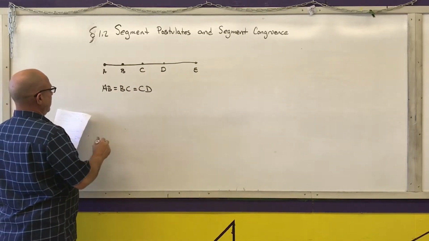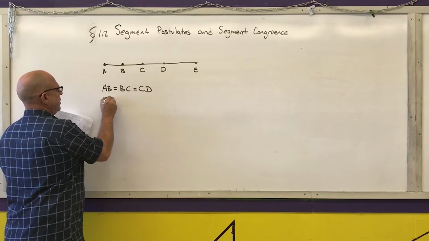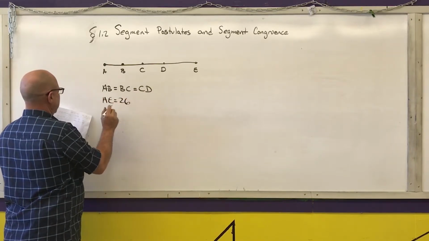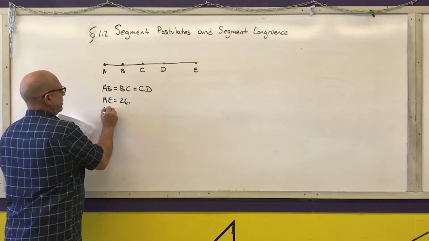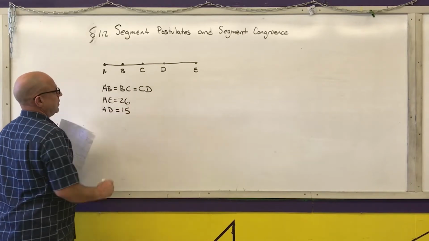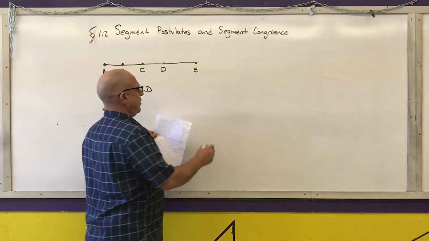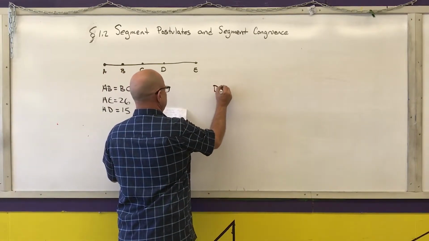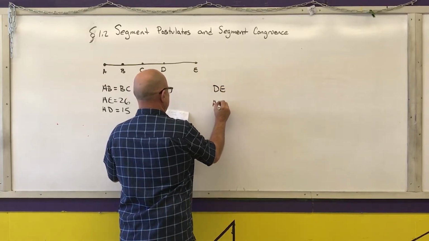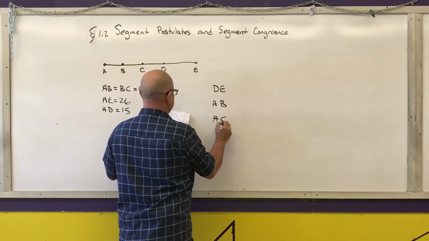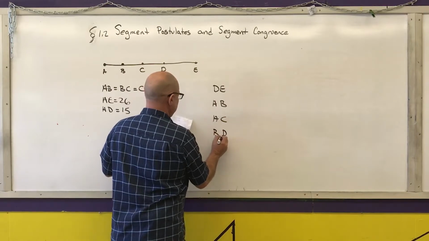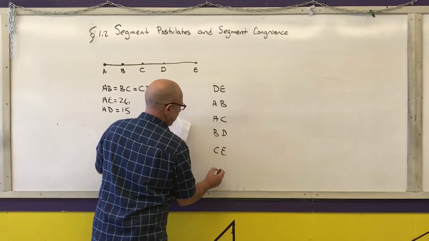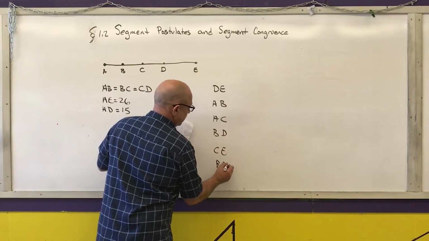I also know that the length of AE is 26, and the length of AD is 15. Using this information, I want to find the following lengths: DE, AB, AC, BD, CE, and BE.